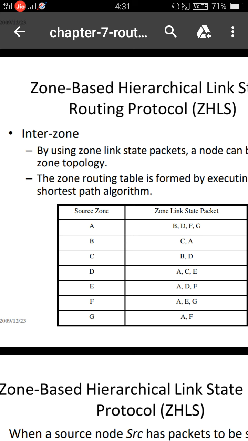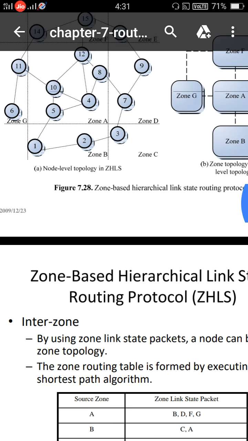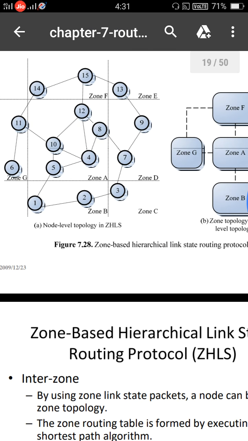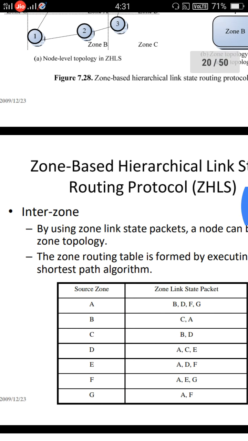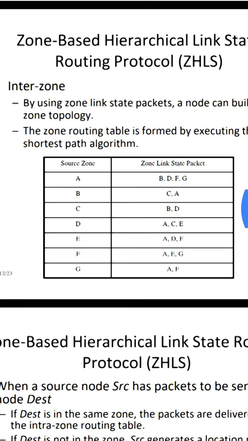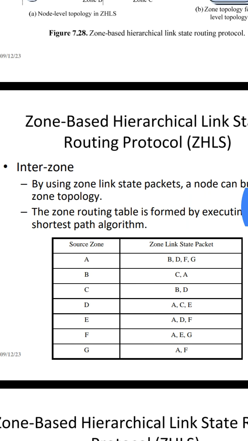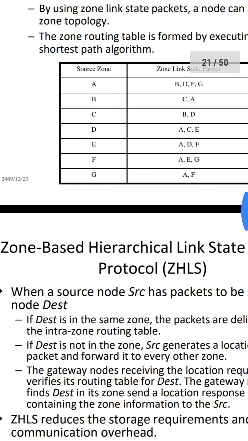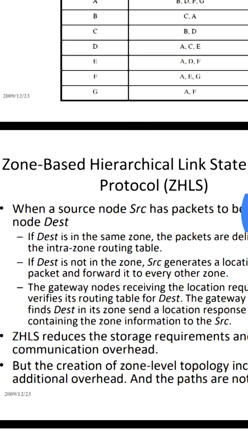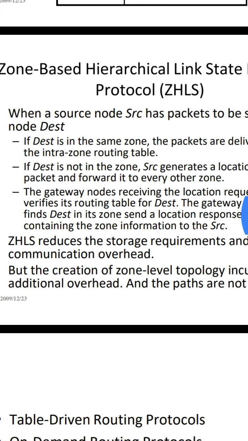Also, let us consider the source zone B. C and A are the adjacent zones for the source zone B. Like this we can maintain the table. By using this table, the packets can be transferred. Okay, so this is the zone based hierarchical link state routing protocol.